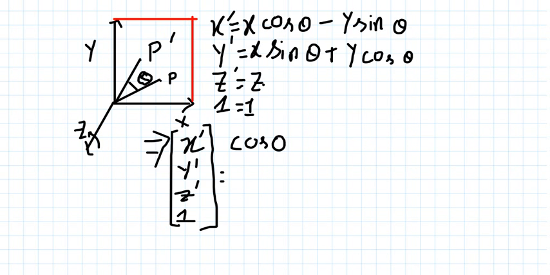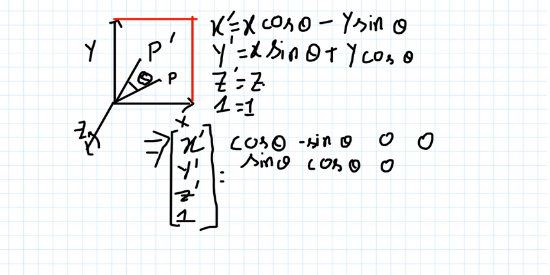Cos theta, minus sin theta, 0, sin theta, cos theta, 0, 0, 0 1 0, and the last row for the homogeneous coordinate system.